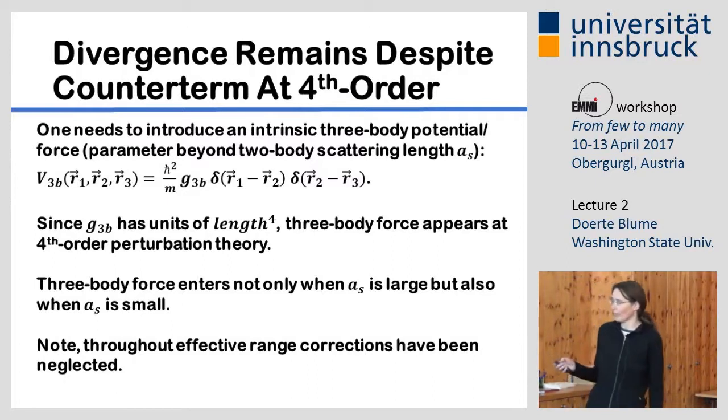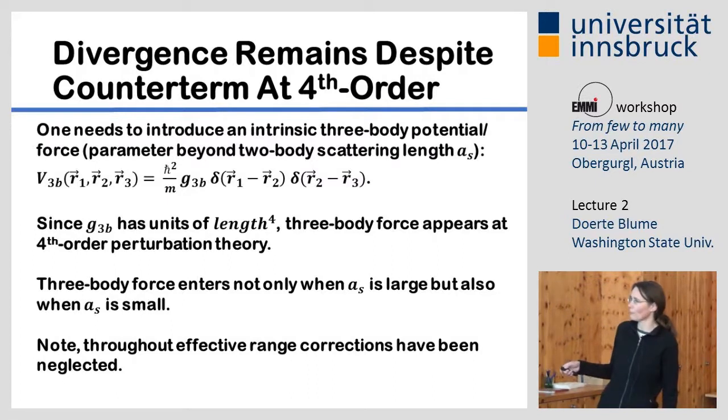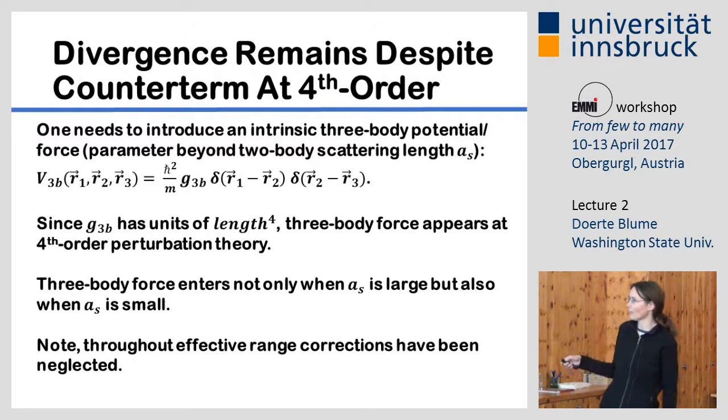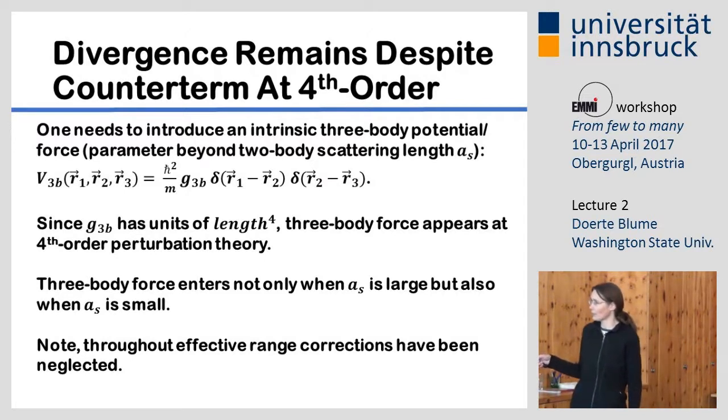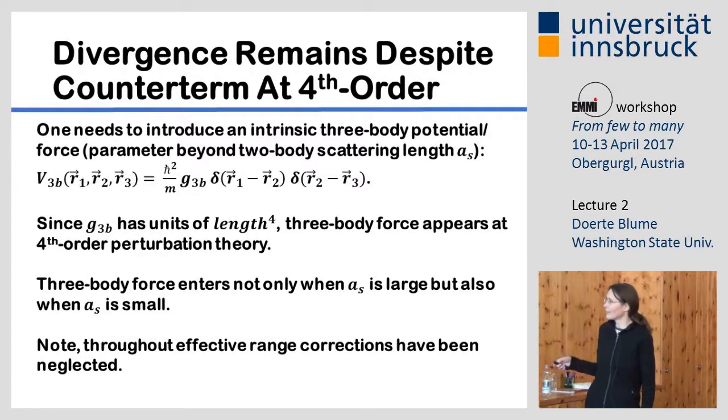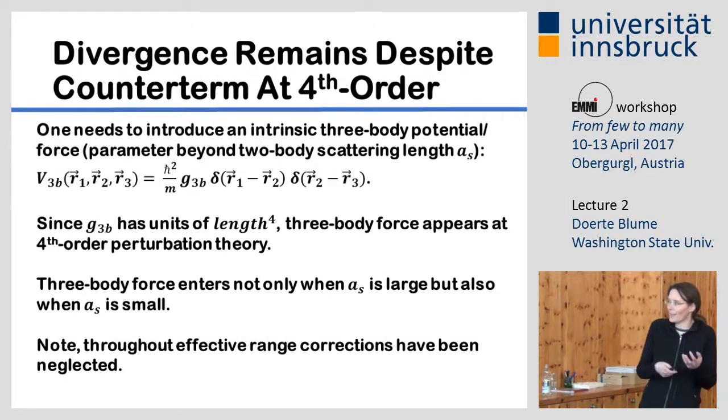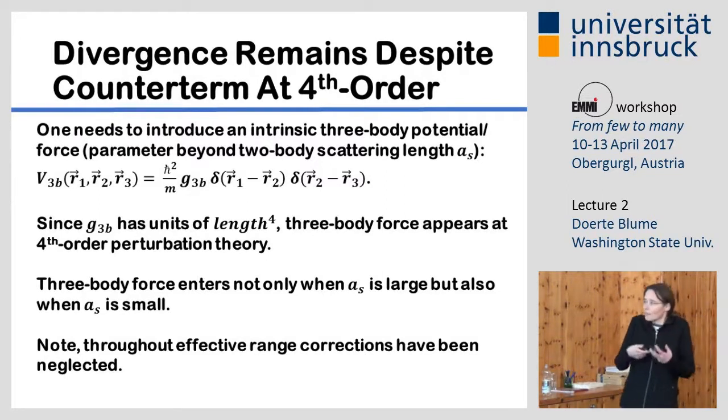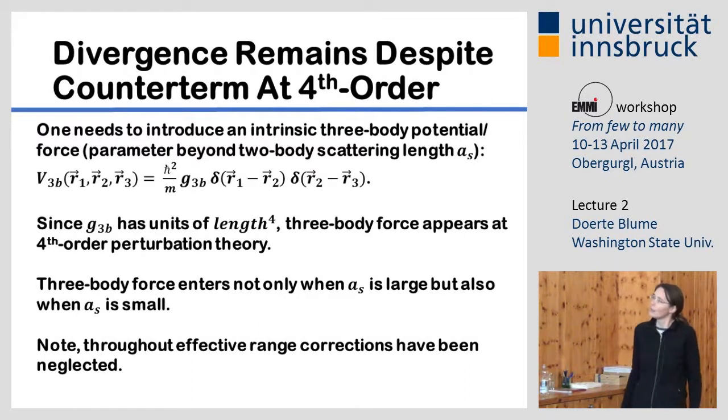So we do actually see that there is a three-body force that's needed, even in the weakly interacting regime, when the S-wave scattering length is not very large. But measuring this three-body force and this three-body parameter in that regime is actually quite hard, because it typically has a small value.